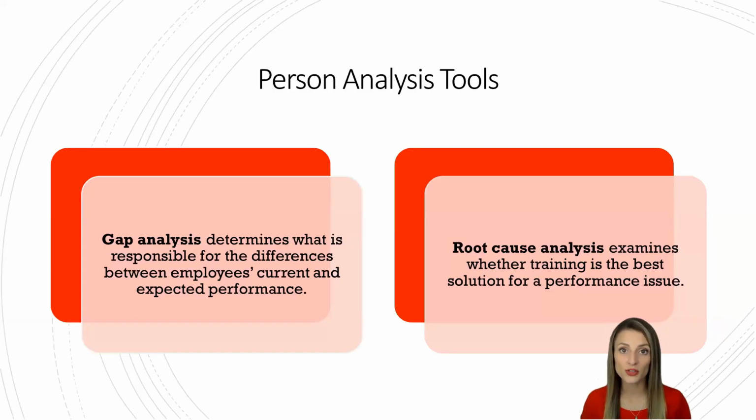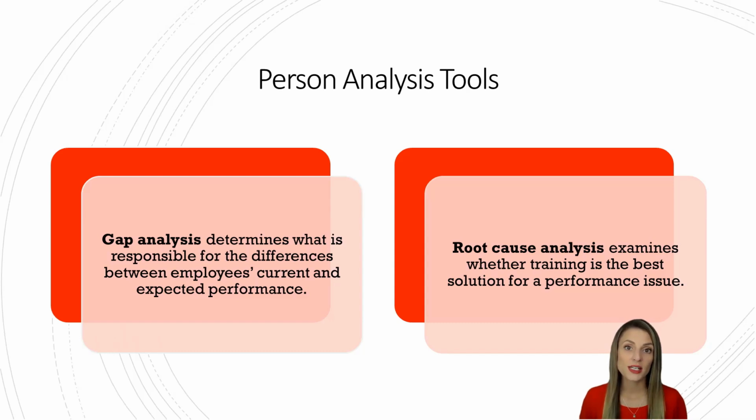There are two tools that can help us conduct person analysis. A gap analysis can help us identify performance deficiencies by comparing current performance with expected future performance. The gap that exists obviously needs to be addressed, and training may be one way of addressing that gap.